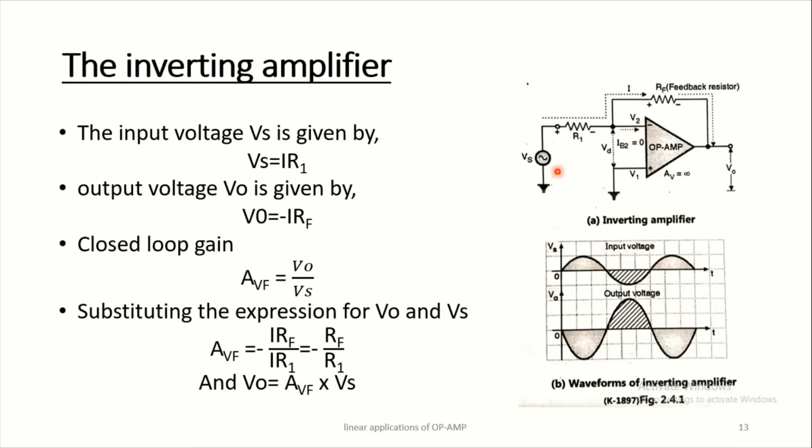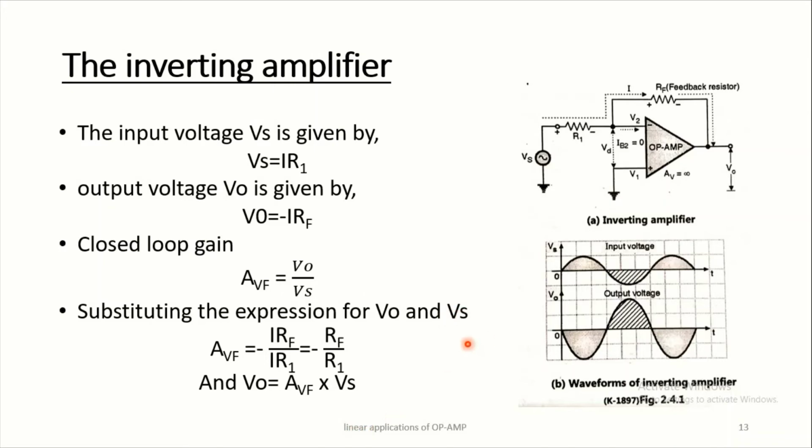The amplified output signal will be 180 degrees out of phase with the input signal. Here the input signal is this and the output voltage is this, which has a 180 degree phase shift with respect to the input voltage. Therefore, this amplifier is called an inverting amplifier.